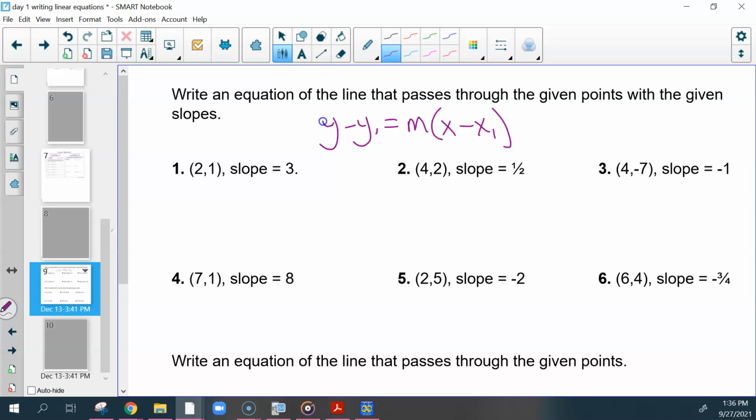This is called the point slope formula. And we use this when we're given a point and a slope.